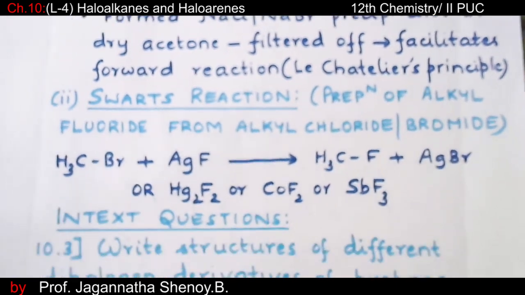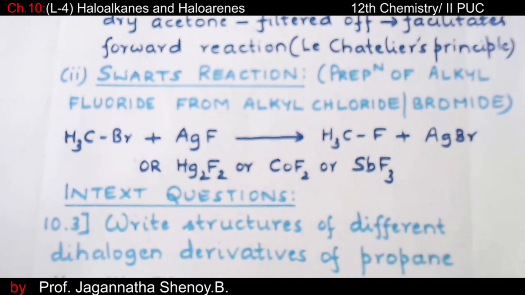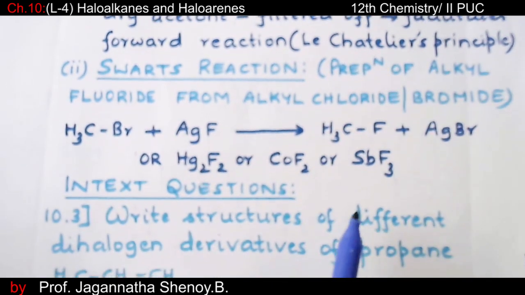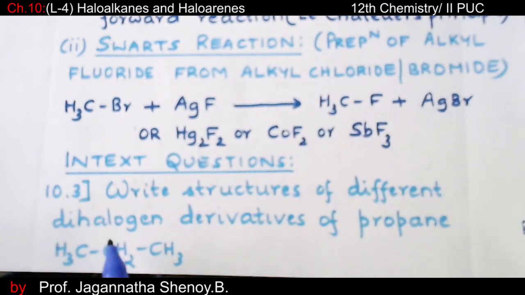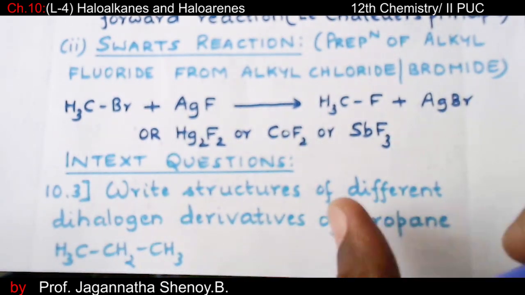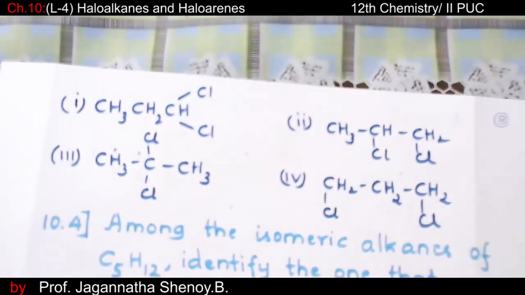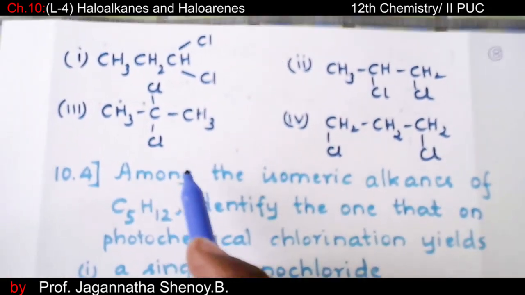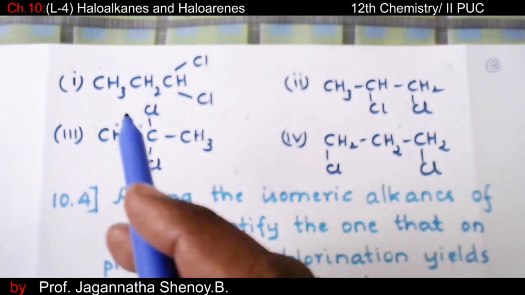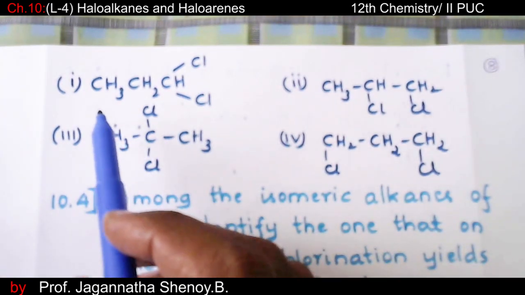Now, the next in-text question we have to consider is 10.3. Write structures of different dihalogen derivatives of propane. So how are we going to do it? Right. So the structure of propane, all of you are familiar.